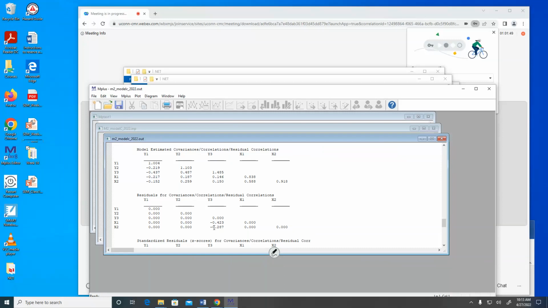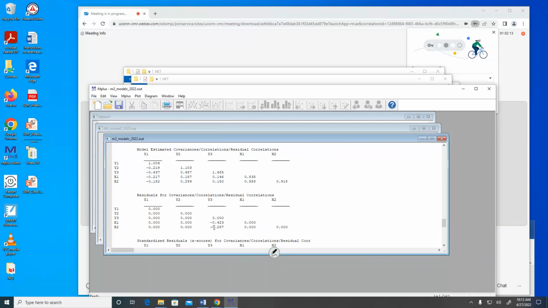Yeah. Look at the model diagrams. Is that because we added something or removed something else? Yeah, well, exactly. So look at the model diagrams. We had no path from X2 to Y3, no path from X1 to Y3.